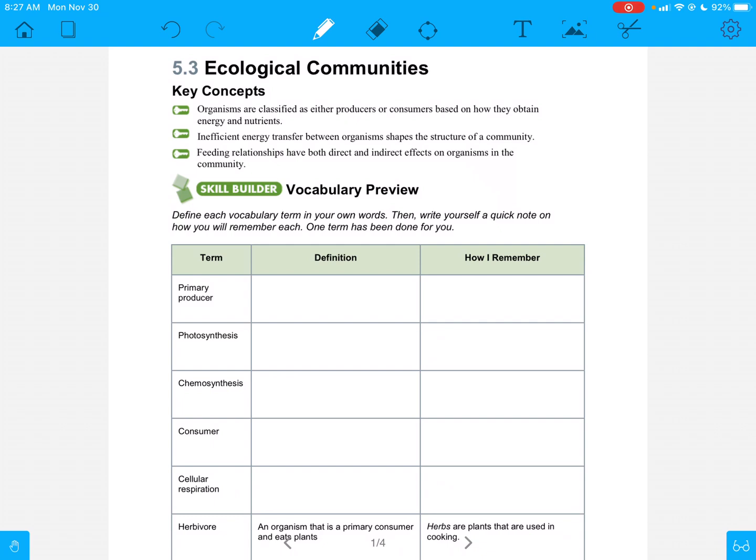And the first one I see here is primary producer. A primary producer is an organism that converts sunlight or chemicals, because there are a few things that don't need sunlight, we'll talk about those in a minute, into energy.